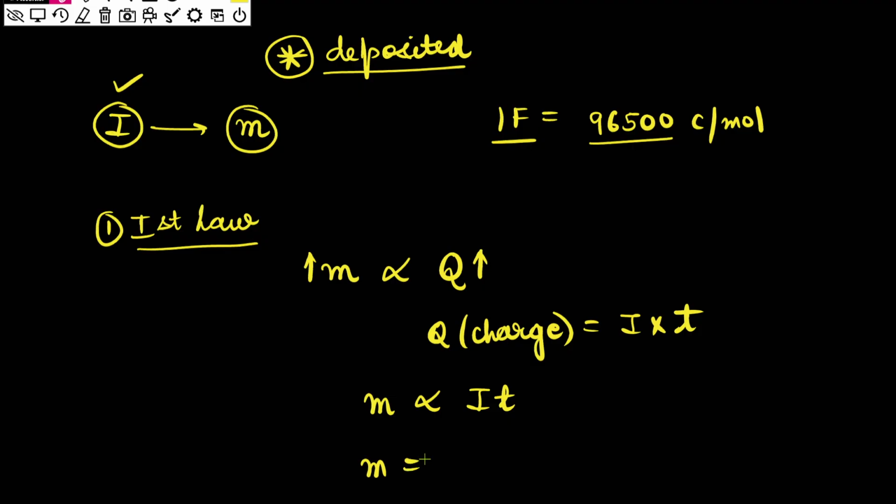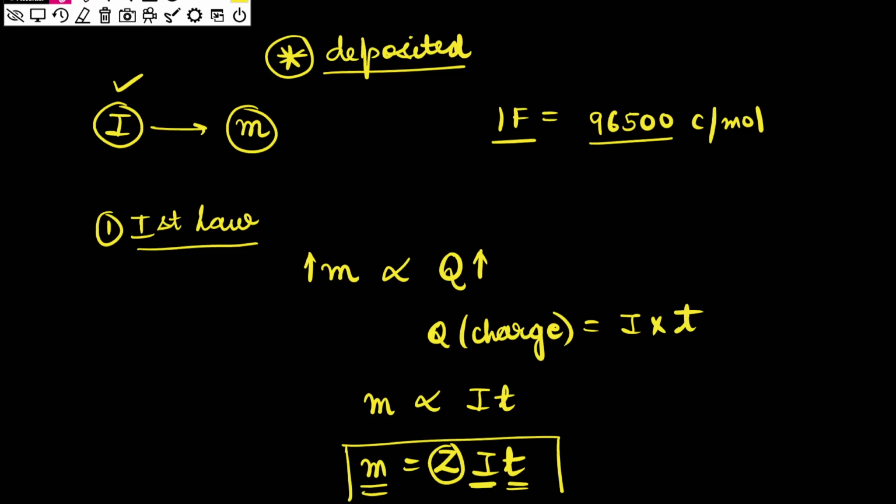If we remove the proportionality sign, we get a proportionality constant, Z. So we get m = ZIT. Here Z is the constant of proportionality, I is the current, T is the time, and M is the mass. Faraday's first law simply says that the more quantity of electricity you provide to the electrolytic solution, the more mass of a particular substance will be deposited on a particular electrode.